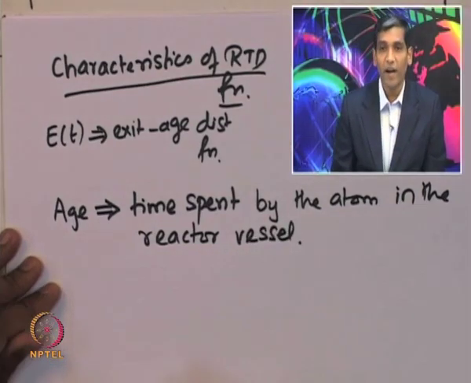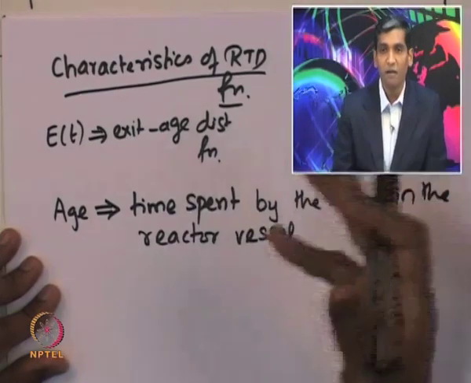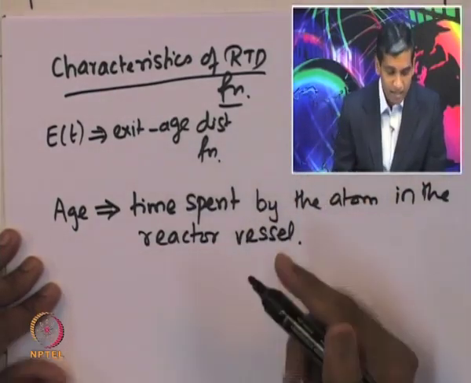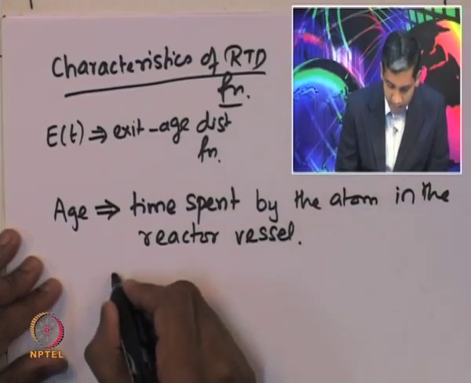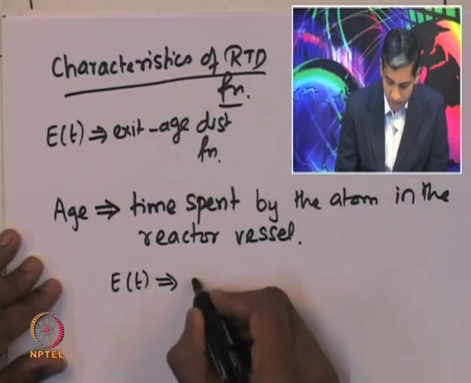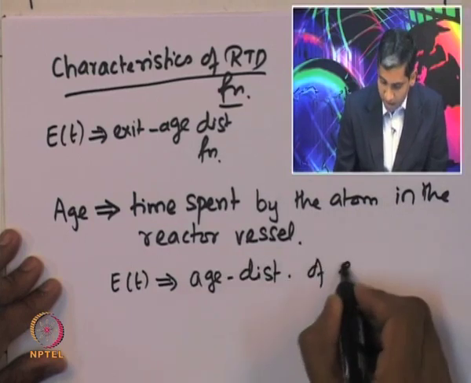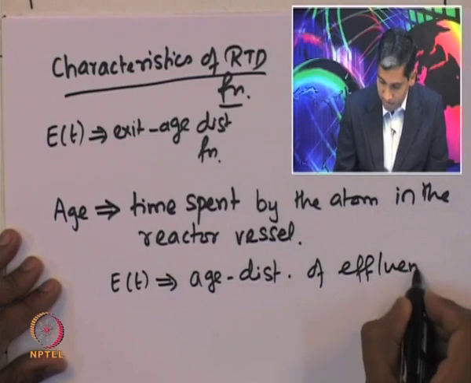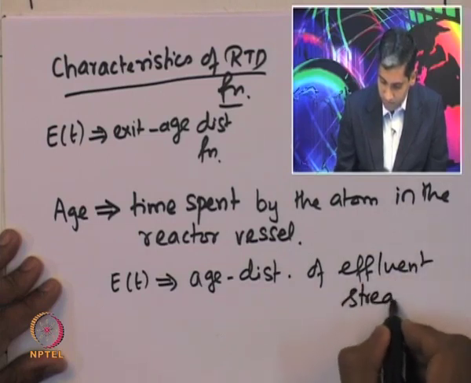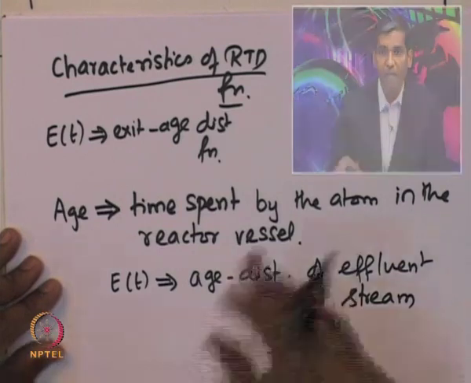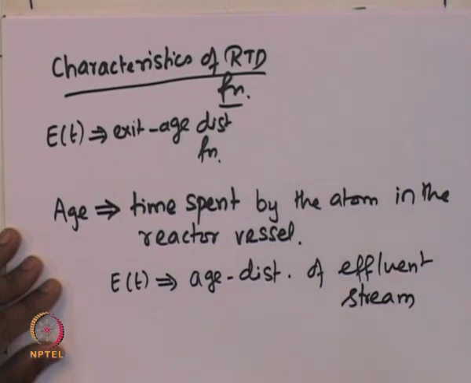That is what is defined as the age of that particular atom or molecule of the material being considered. So, clearly E(t) is essentially the age distribution of the effluent stream, as measured by the concentration of the species in the effluent stream. That is the RTD function E(t).